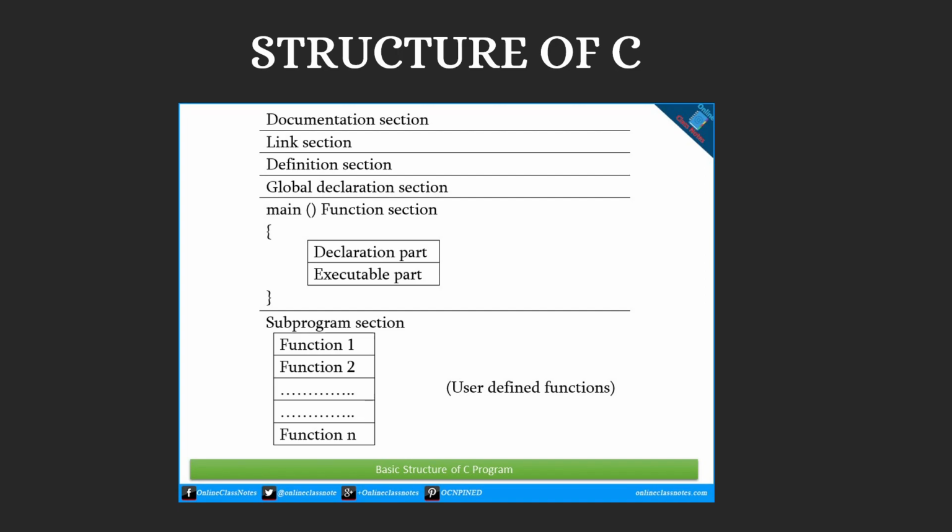Example, #define P 3.14, like we are declaring a mathematical constant in our program in order to perform mathematical calculations. Then comes the global declaration section, which consists of variables that are used in more than one function and can be used by any function in a program. Such variables are nothing but global variables.